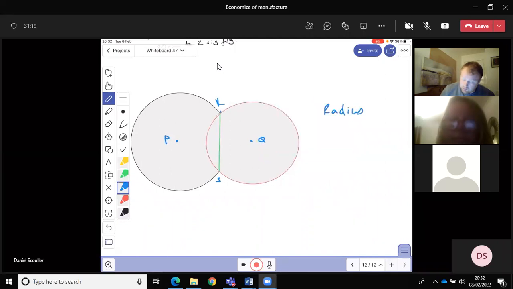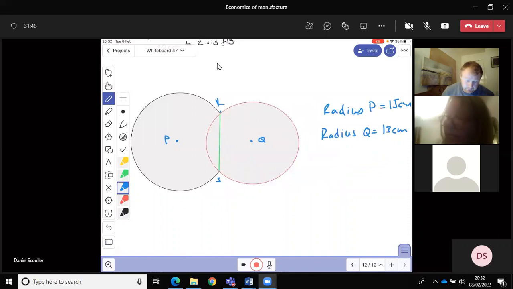Radius of circle P, 15 centimetres. Okay, so the big circle on the left hand side, radius of 15 centimetres. The radius of circle Q is equal to 13 centimetres, so it's a smaller circle.